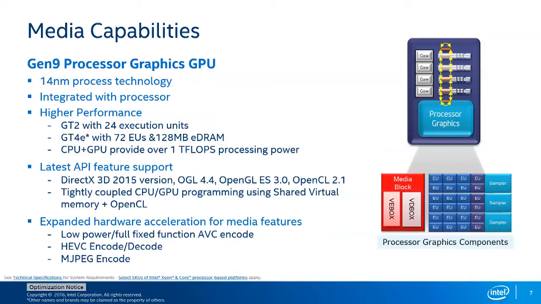So altogether, the Skylake Gen 9 GPUs offer some really amazing video processing performance at low powers. And some of the features newly enabled in this new generation, Gen 9, are a fully fixed function version of H.264, motion JPEG encode, and the main attraction for today, which is fast H.265.